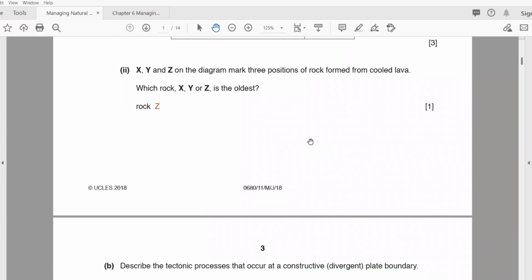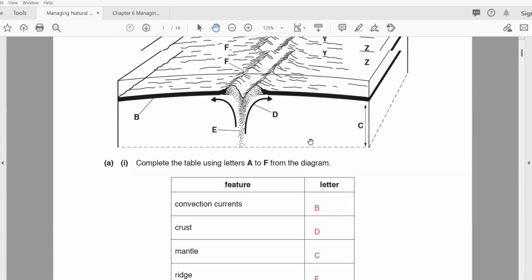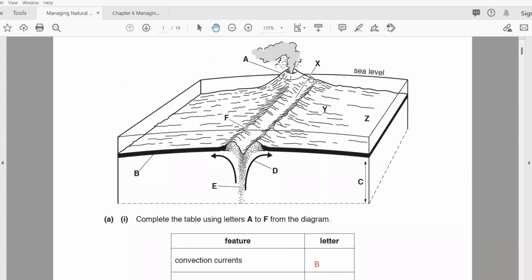Describe the tectonic processes that occur at a constructive divergent boundary. What happens here? Why do we say this is a constructive divergent boundary? Yes, Lean. The two plates move away from each other.